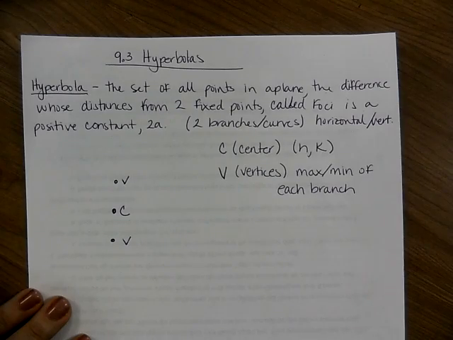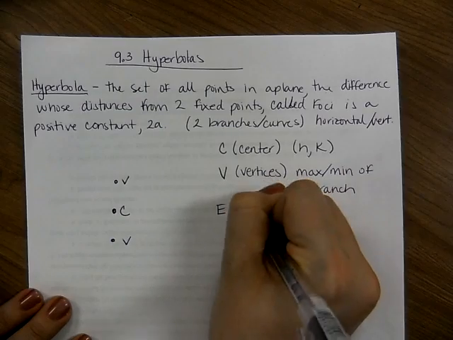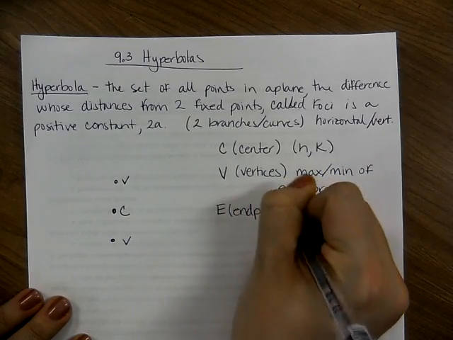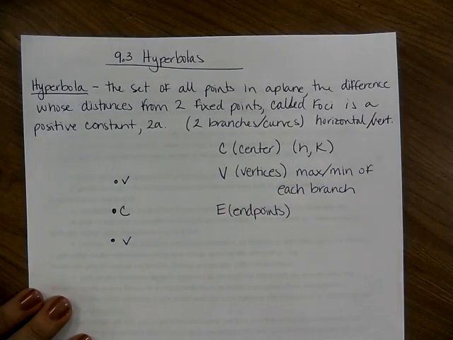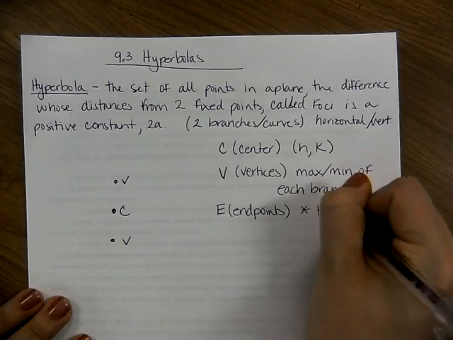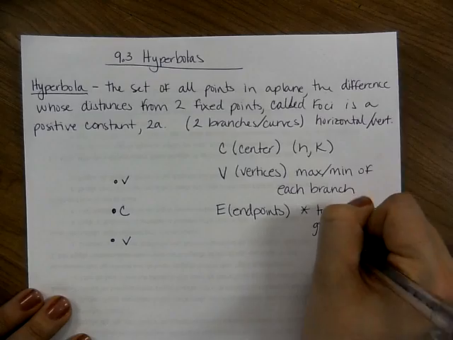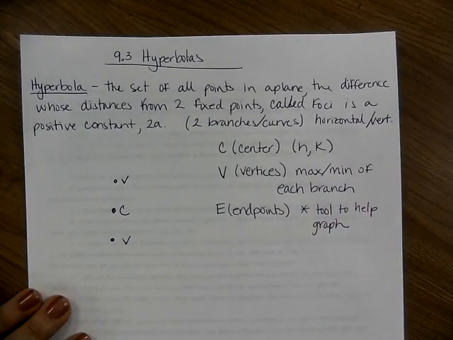Then there are endpoints, okay, but they really don't exist necessarily on the graph. It's just they help us to graph the whole hyperbola. So let's just make ourselves a note here. They're like a tool to help graph. Okay.